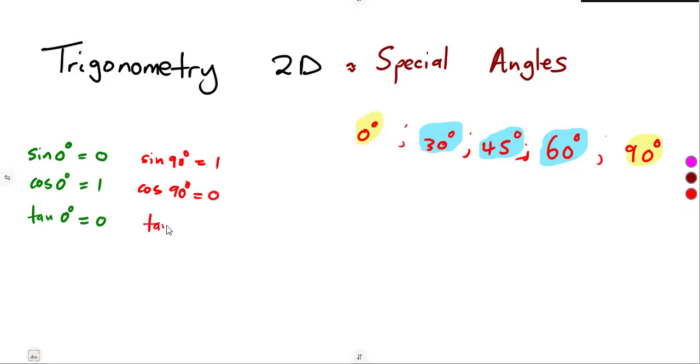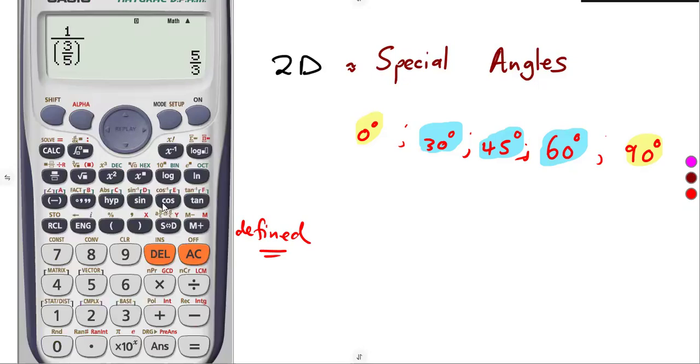And the tan of 90 degrees does not even exist. It is undefined. We cannot simplify the tan of 90 degrees mathematically, as we cannot have a solution that is undefined.